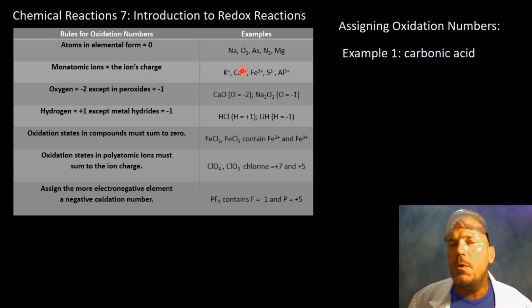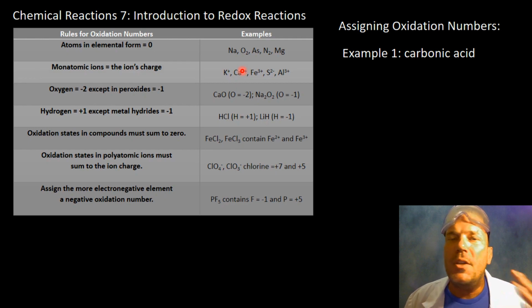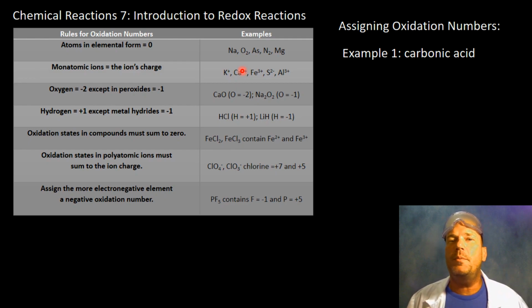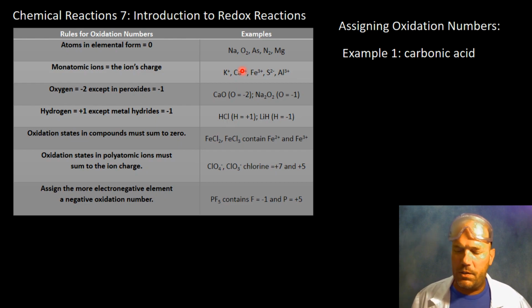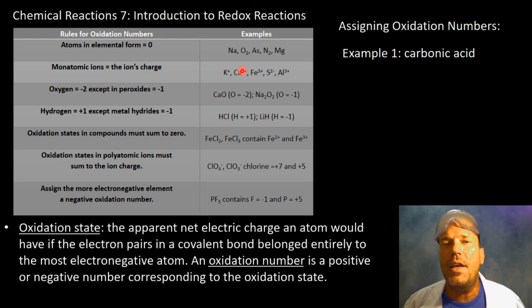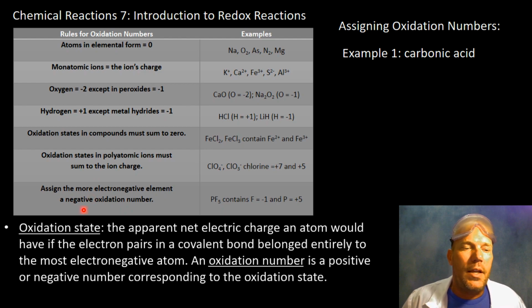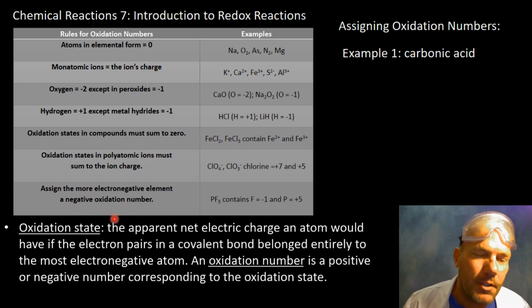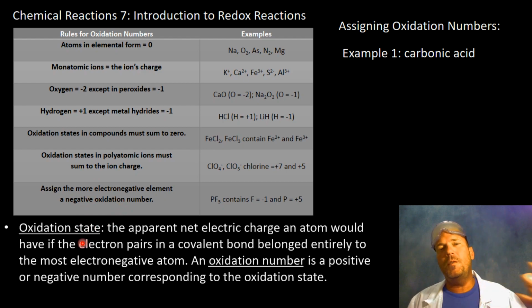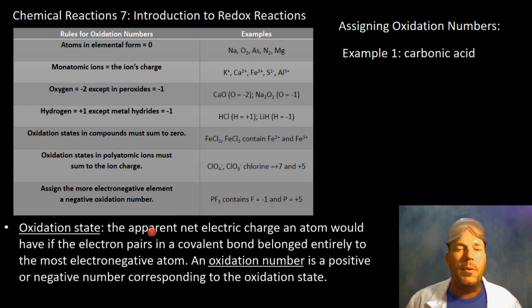And again, at this point, you're probably thinking, Mr. Pedersen, what's the difference between oxidation state, oxidation number, and charge? So I want you to take a moment and jot down this definition here. And then hopefully it'll make more sense after we work through several examples.